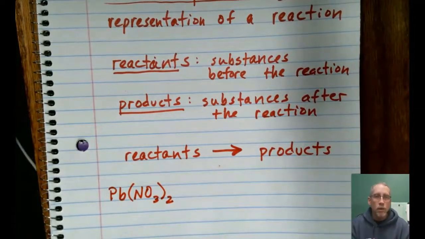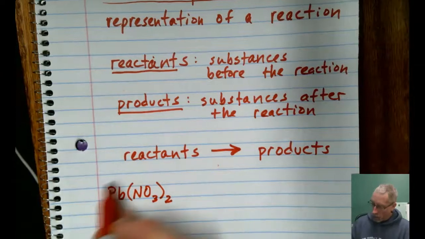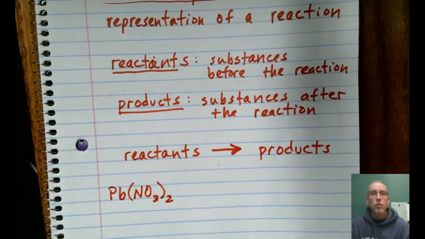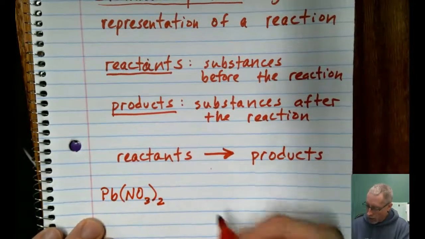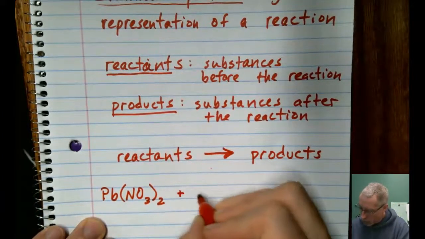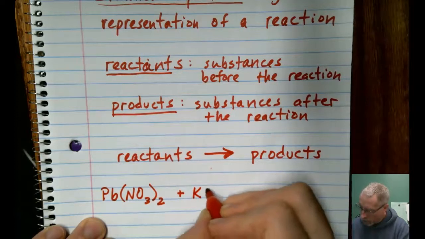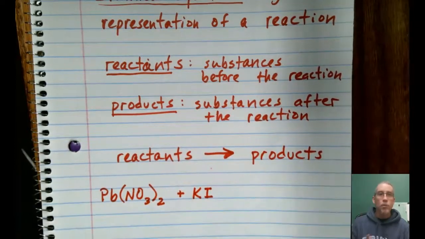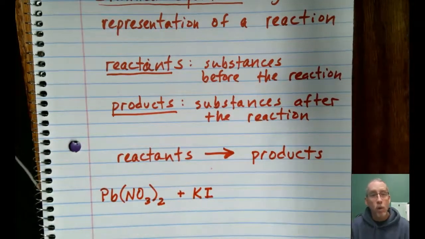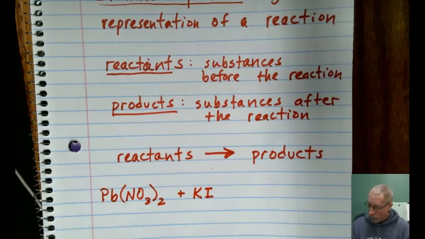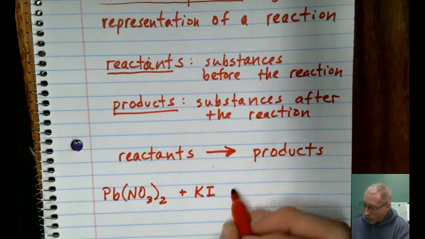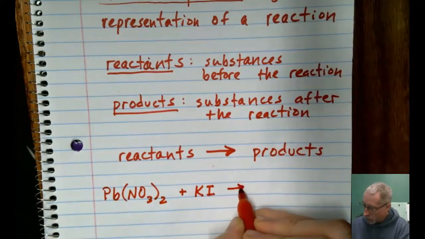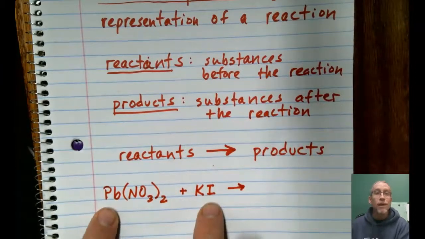We didn't do those particular kinds of formulas when we did it in the last unit, but that's okay. So this is our lead nitrate. This one you should know though, potassium iodide. That's one potassium atom bonded with one iodine atom. Okay, so you see we use a plus sign just like we do for addition when we do math, right? So these are the two reactants that we had.